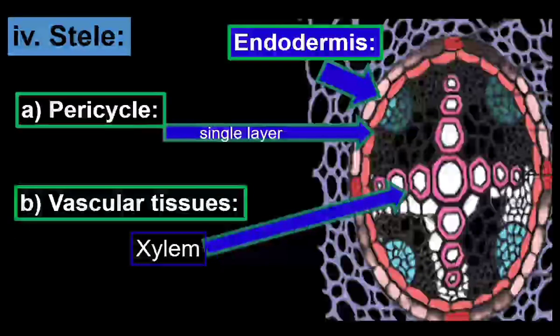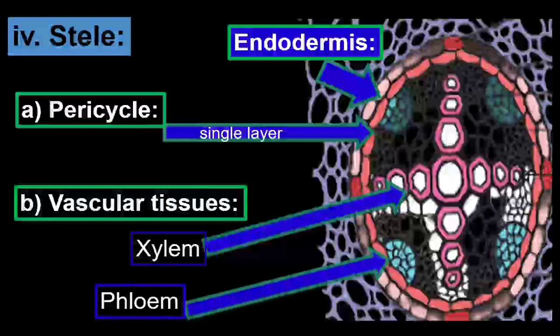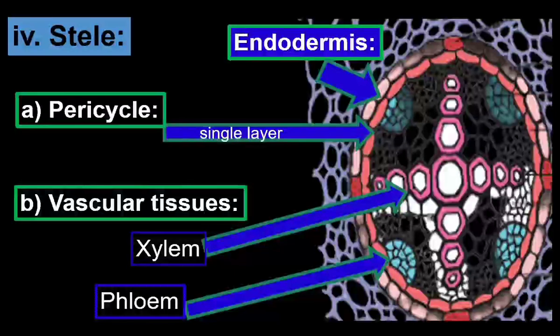Here there are 4 protoxylem elements. In between the xylem elements, there are phloem elements. Xylem and phloem elements are alternately arranged. This type of vascular bundle is called a radial vascular bundle.